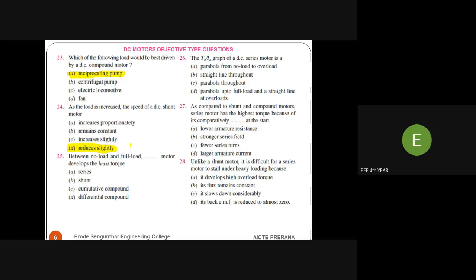Next, question number 25. Between no load and full load, which motor develops the least torque? Series motor, shunt motor, cumulative compound, or differential compound.